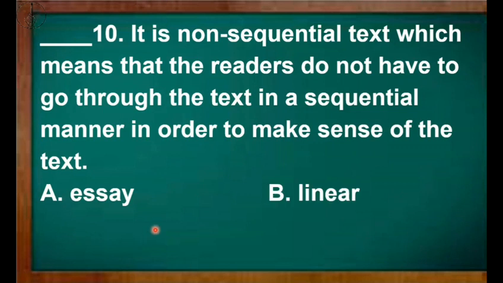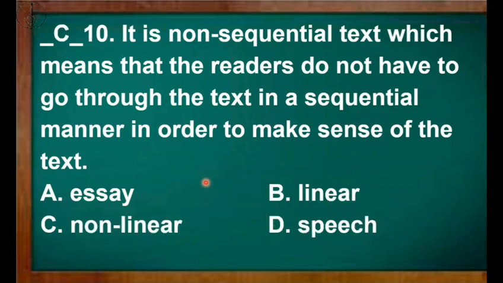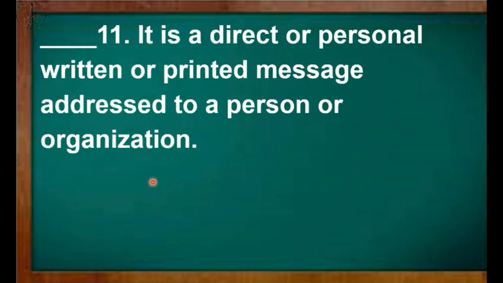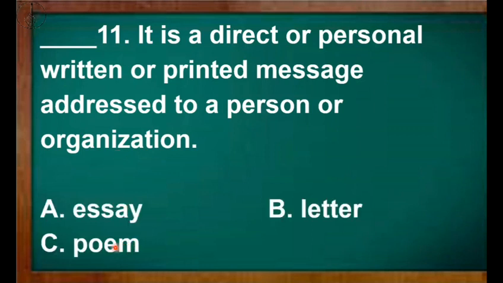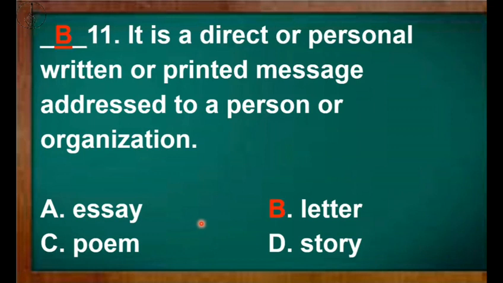A, easy. B, linear. C, non-linear. D, speech. The correct answer is C, non-linear. Number 11, it is a direct or personal written or printed message addressed to a person or organization. A, essay. B, letter. C, poem. D, story. The correct answer is B, letter.